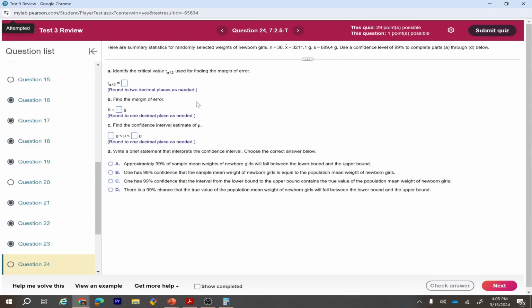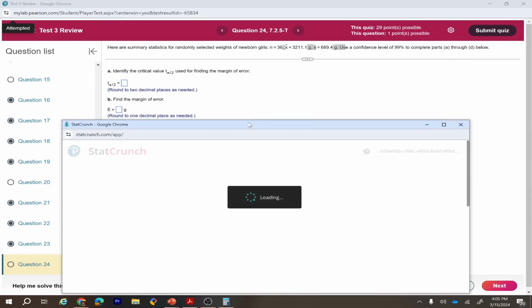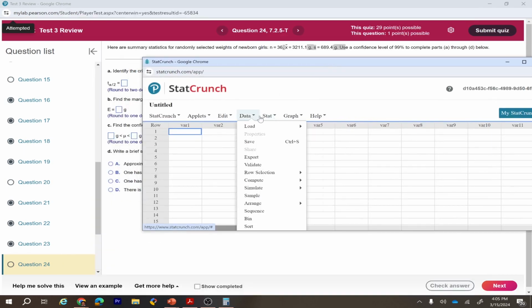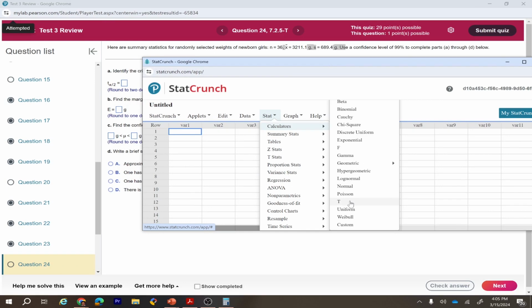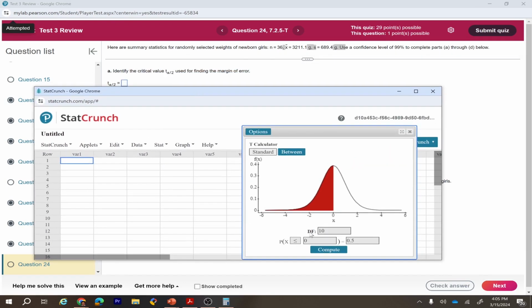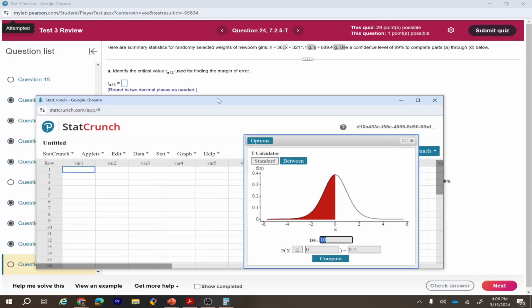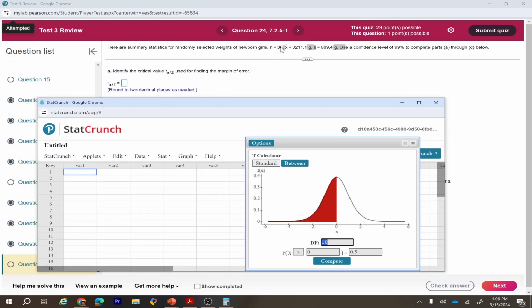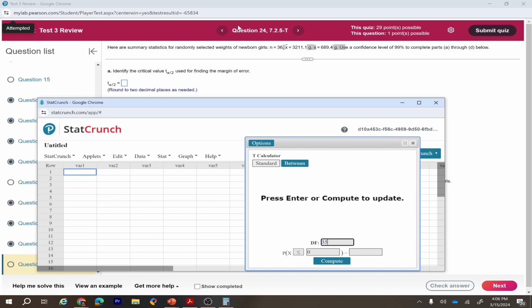Question number 24. You have been given some information and you need to find the t-score. For finding the t-score, you go to StatCrunch, to the calculators, and there is a t calculator. Here you put the value for the degrees of freedom, which is sample size minus 1. In this case, 36 minus 1 is 35, and you want to find the t-score for alpha over 2.